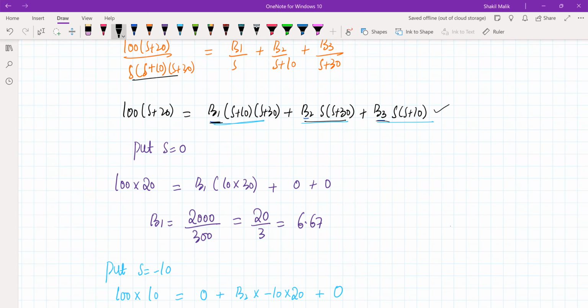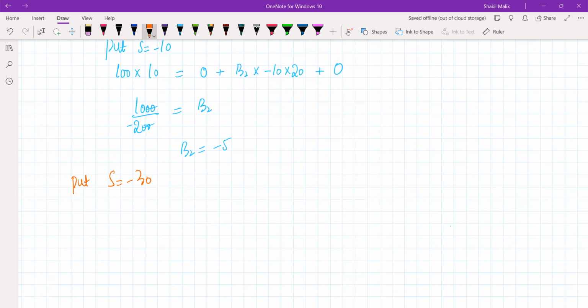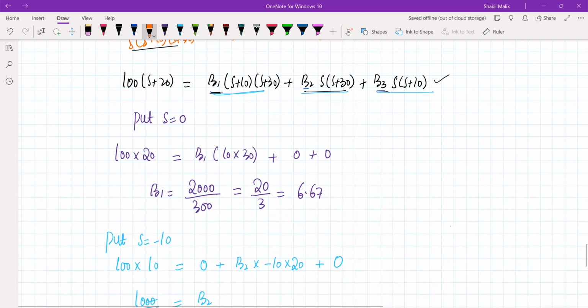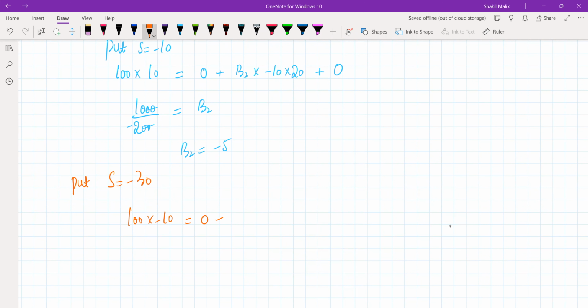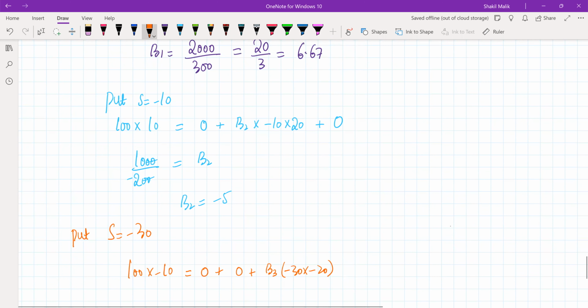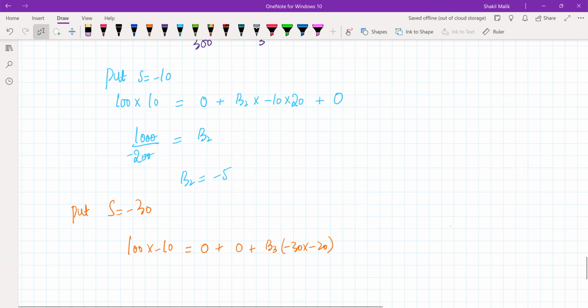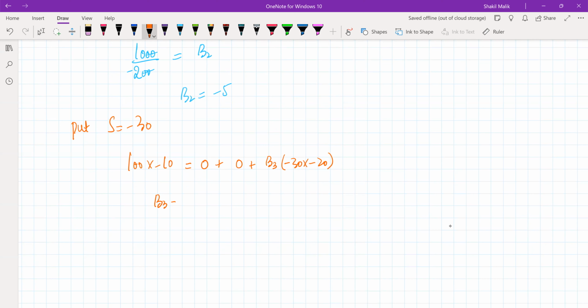It will get 100 multiplied by -10, because S plus 20 is -10, as S is 0 plus 0 plus B3 times -30 times -20. If I'm correct, yes, S plus 10 is -20. So B3 is simply -1000 divided by minus is plus 600. So it will be -10 divided by 6, which is equal to -1.67.